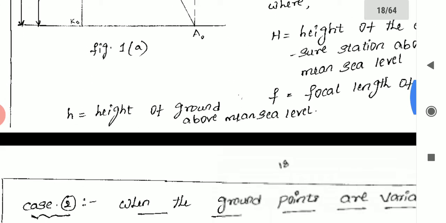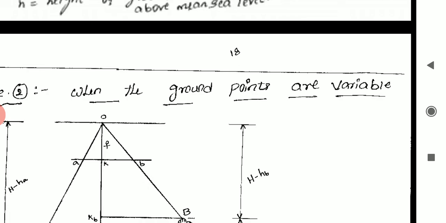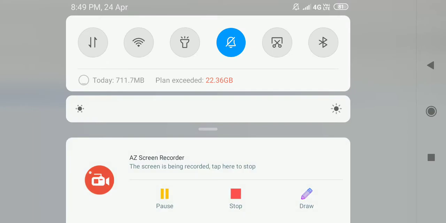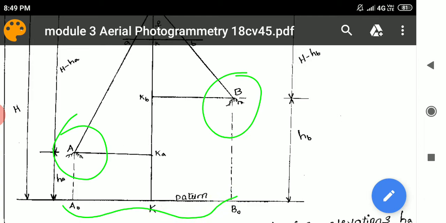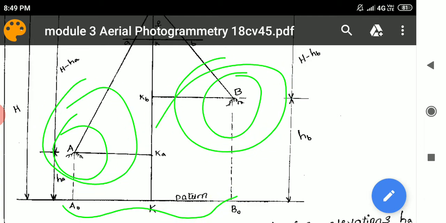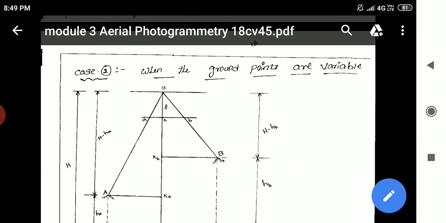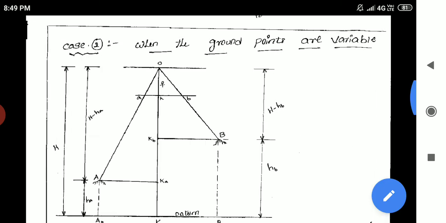And the second case is when the ground points are variable. See here, the ground points are variable, this is the datum, and these are ground points. By using this we have to derive the scale. The diagram is like this.